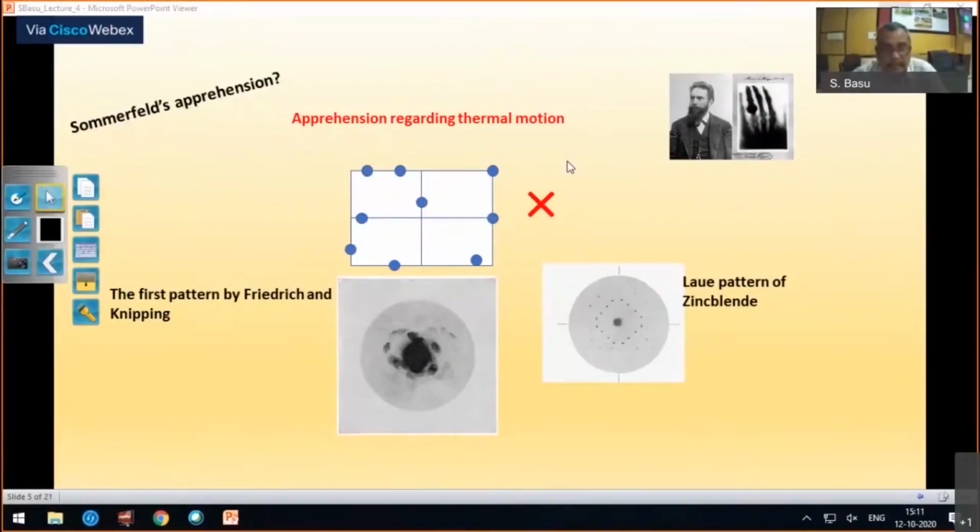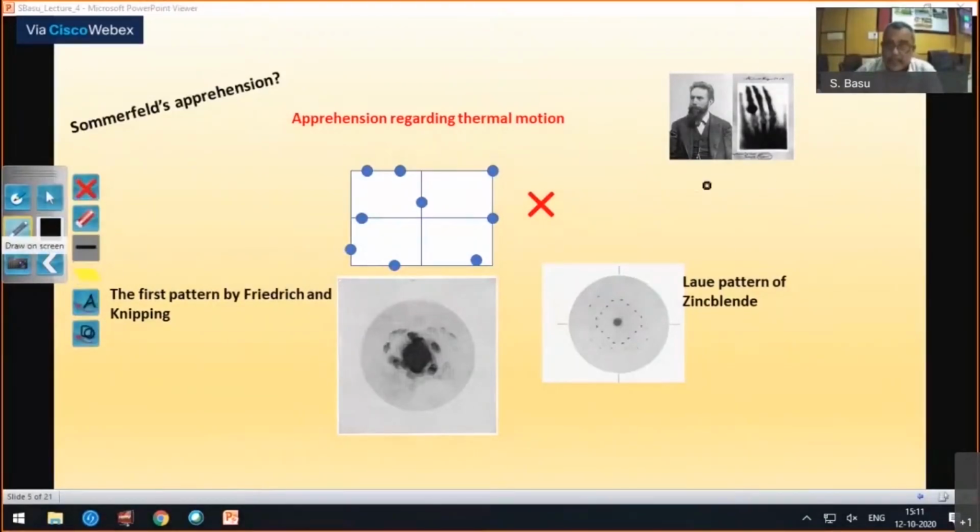We know that in 1895, Röntgen discovered X-rays, and this is that famous photograph where Röntgen photographed his wife's hand with the wedding ring, which you can see here. This is X-ray radiography, which is most common for all of us because it is heavily used in medical science as a diagnostic tool.